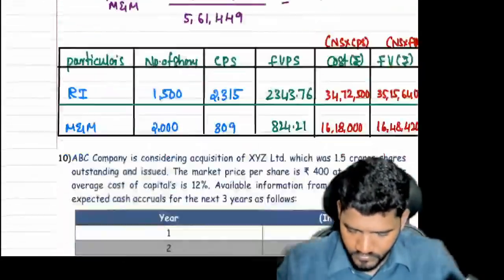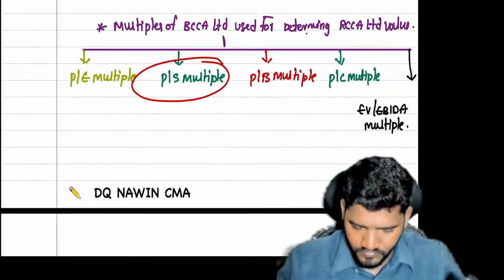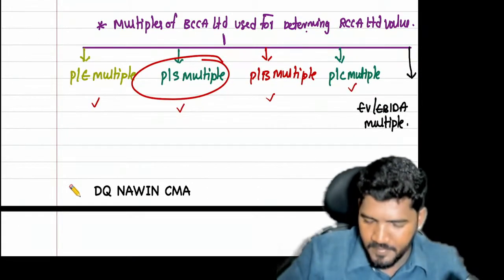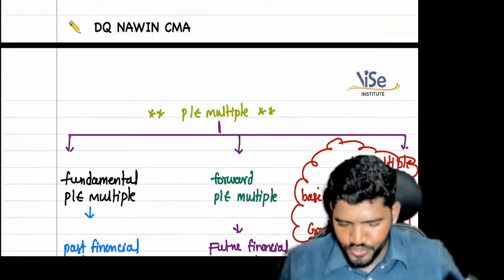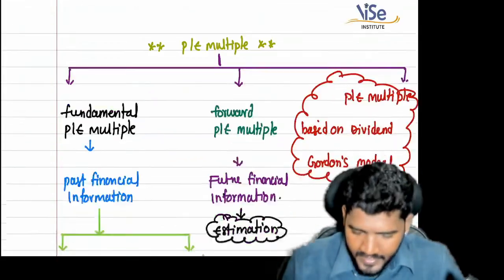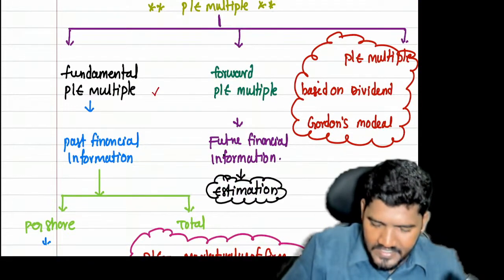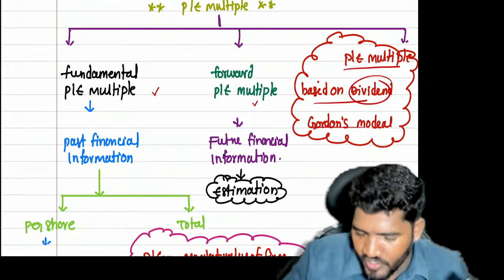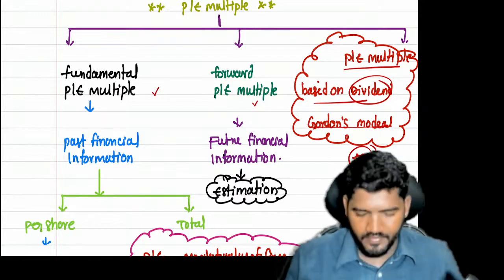Now let us check the calculation part. If you want more information, you can check the PE multiple, PS multiple, PB multiple, PC multiple, and enterprise value to EBITDA multiple. Ratio or multiple give the same meaning. Next, you can observe the PE multiple, fundamental PE calculation, forward PE calculation, and PE multiple based on the dividend Gordon's model. This model is the problem I said was important.